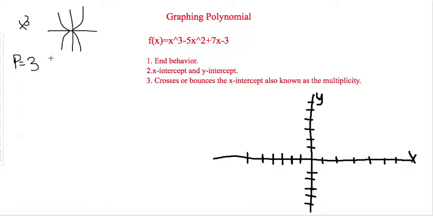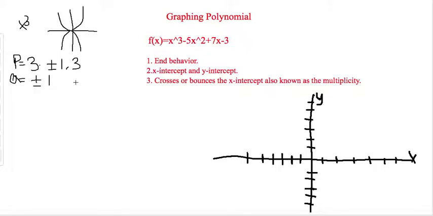The factors of 3 are plus and minus 1 and 3, and the factors of q are just plus or minus 1.